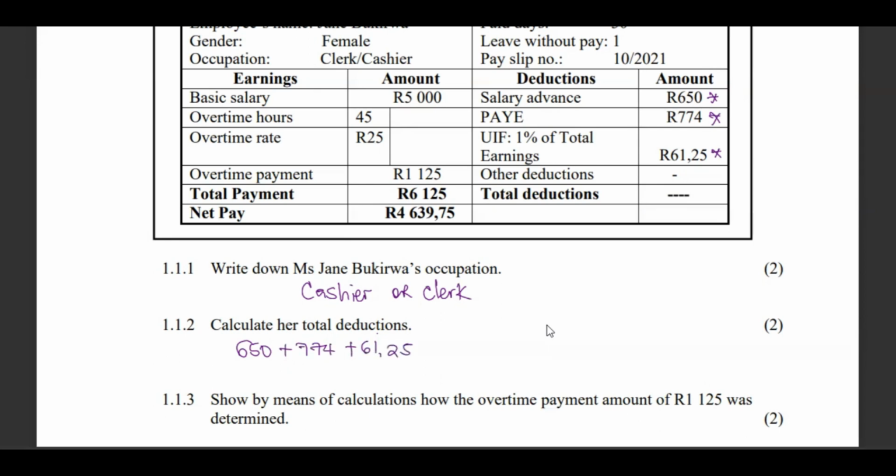How much do you get? We have our answer as 1,485 rand 25 cents for the deductions.